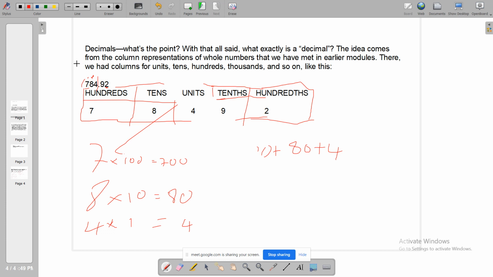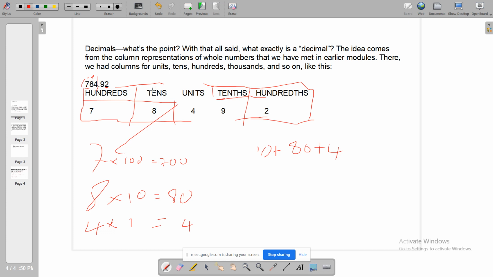Okay. What is the position of the 4? Units. Okay. Do you know the meaning of units? Single. Yeah. Okay, so units stands for single.